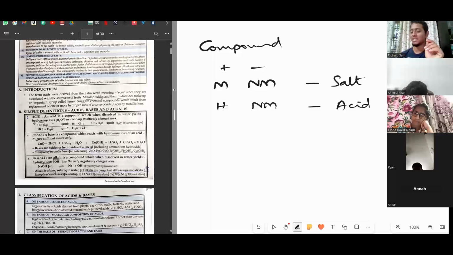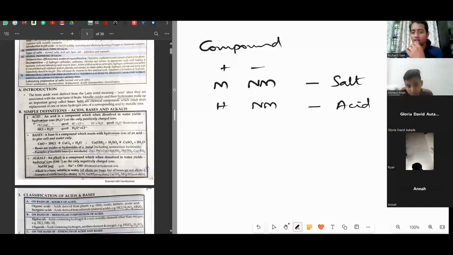You understand what's an acid? Acid is a compound where the positive ion is hydrogen. Negative will always be non-metal. Now leave the positive ion as metal itself, but for the negative ion, instead of a non-metal you put OH. Then that becomes a base.